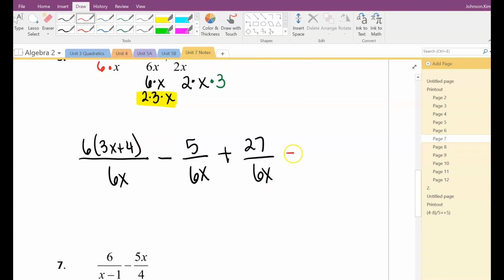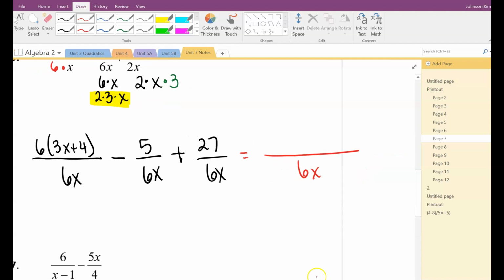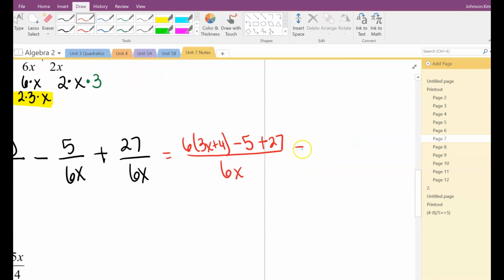And then at this point, I can go ahead and start simplifying those numerators, right? So I can rewrite this entire expression all over 6x, and I can simplify it. So the expression that I have is 6 times 3x plus 4 minus 5 plus 27. And if I simplify that, I get 18x plus 24 minus 5 plus 27 all over 6x.